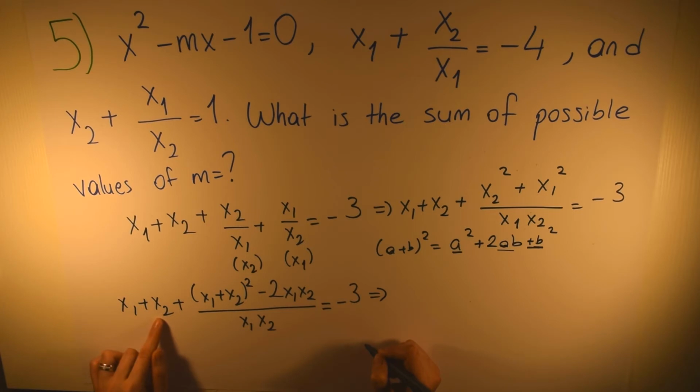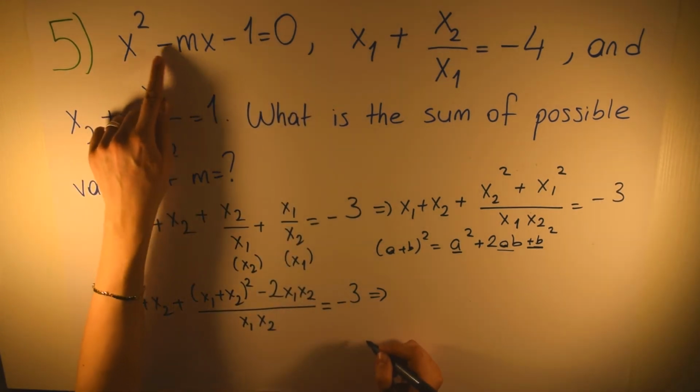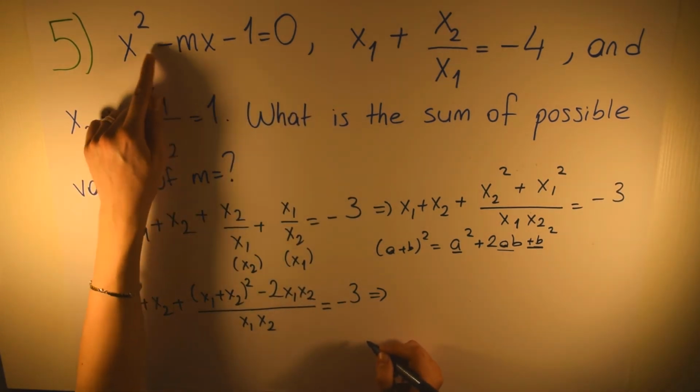So here x1 plus x2 is equal to minus b over a, right? So minus b over a is equal to minus m over 1.